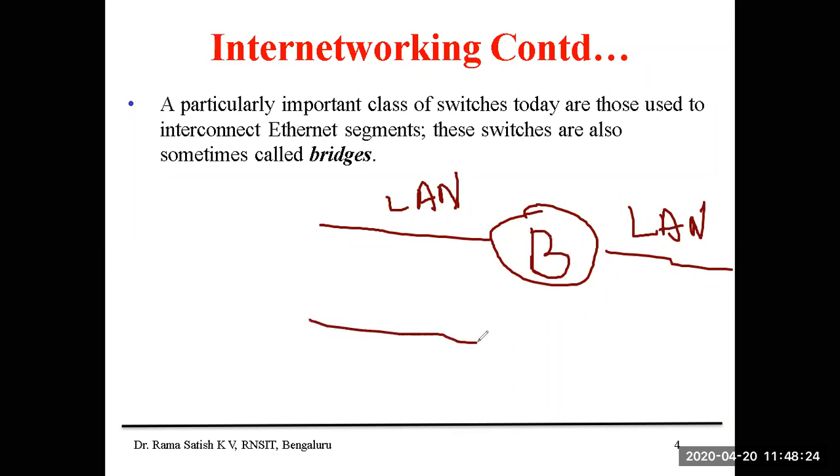Suppose on one side you have a LAN and on the other side you have a wireless Wi-Fi system. This is 802.3 and this is 802.11. If you want to connect them, you will use a switch that we call a gateway.